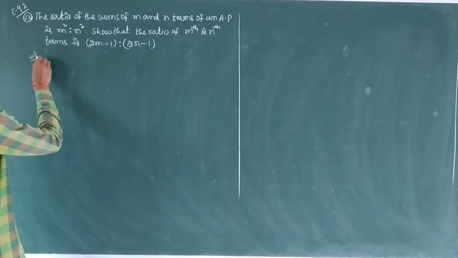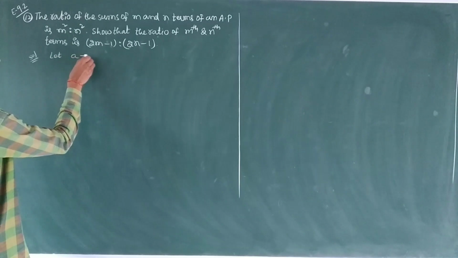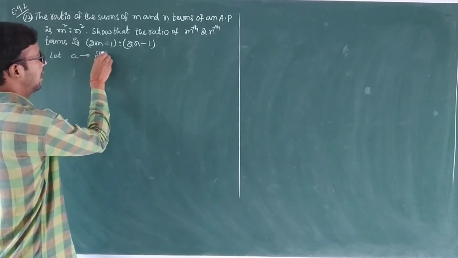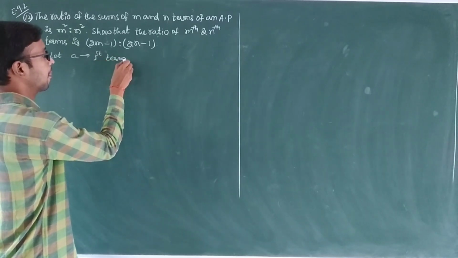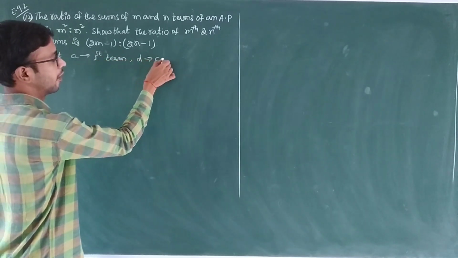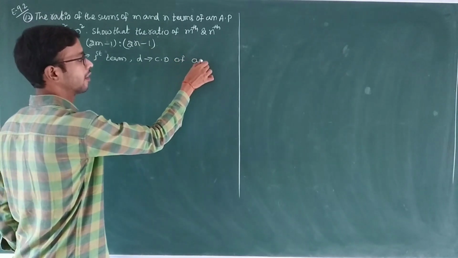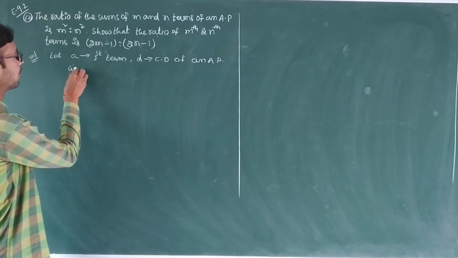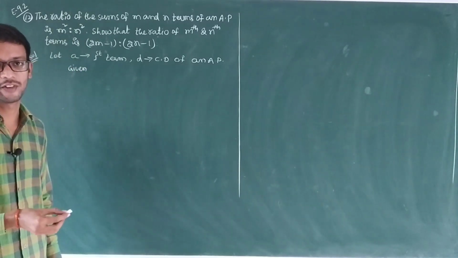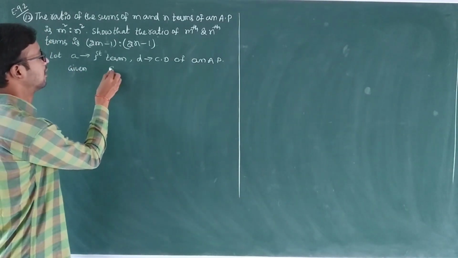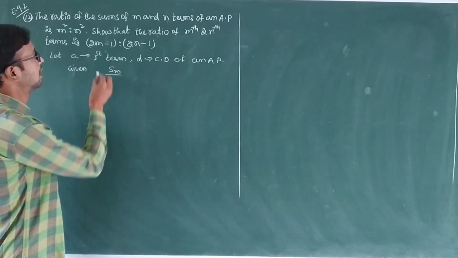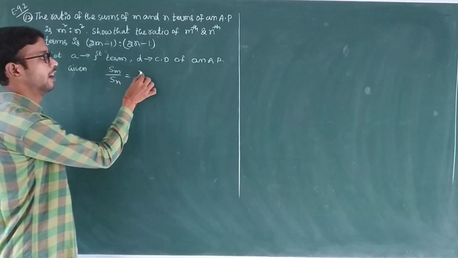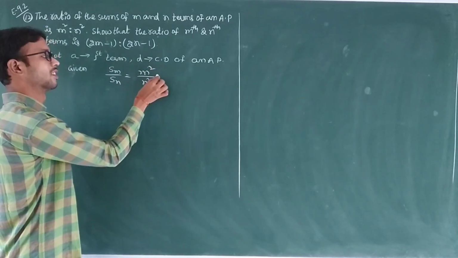See here, first of all I will take A to be the first term, and D to be the common difference of an arithmetic progression. What is given? The ratio of the sum of the first m terms and the sum of the first n terms is given, that is m square by n square.